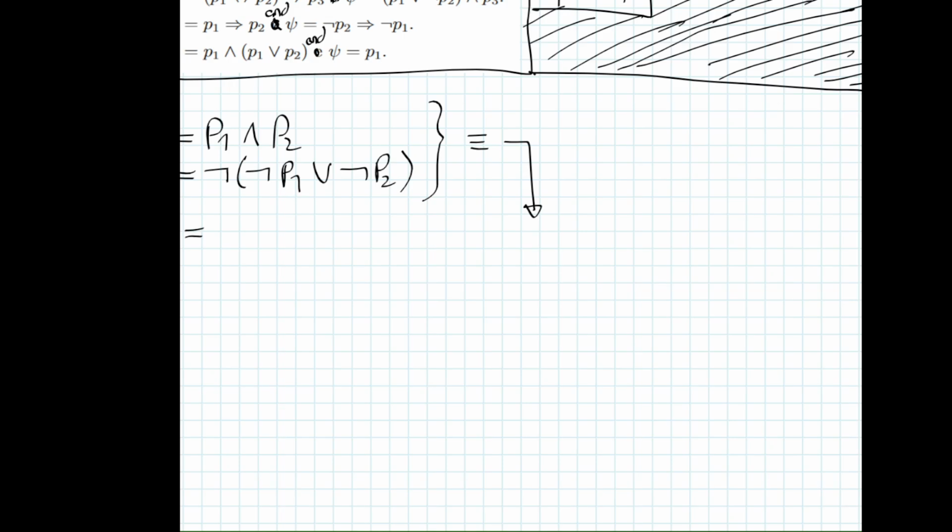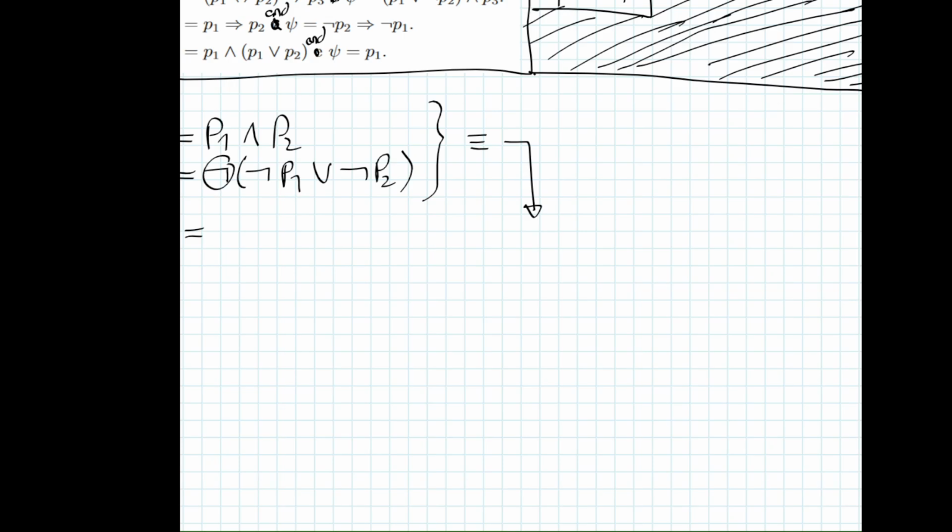The negation of P1. Let's already perform the first step, which is to negate P1 or negate P2. Let's transform this whole thing using the negation back here.